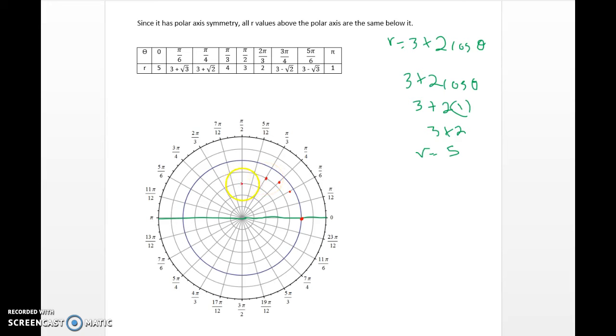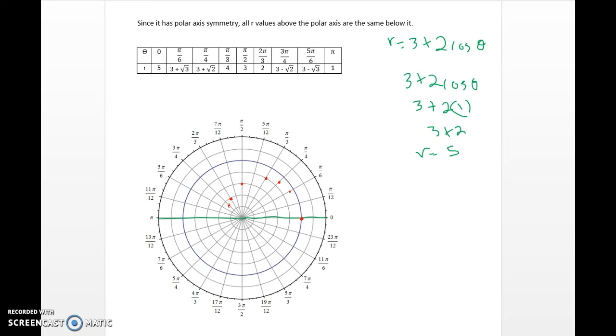We're going to hop over here. When theta is 2 pi over 3, then r is 2. It's down here. When theta is 3 pi over 4, r is 3 minus root 2, which is 1.58. So like 1.5.